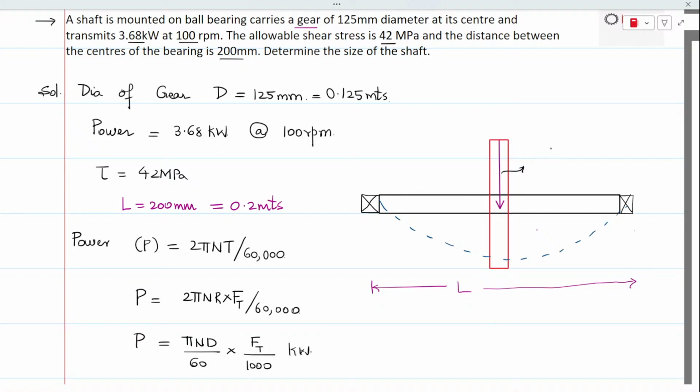Now let's take one more problem, in which we will be keeping the load in one direction, that is tangential, and the shaft will be subjected to bending only due to the tangential load, so unidirectional bending will be taken into consideration.